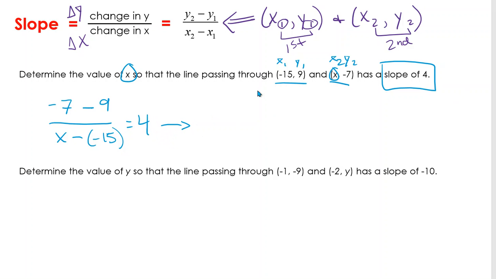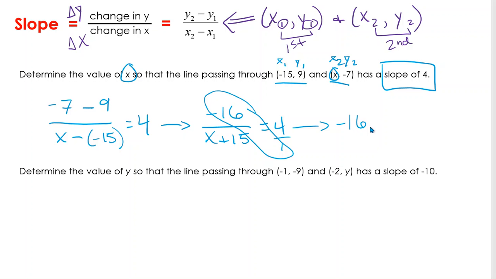So the first thing I'm going to do is simplify my left side. -7 minus 9 is -16, x plus 15 on the denominator, and that's all equal to 4. Well, this is the same thing as 4 over 1, and now we have a proportion, so we can cross multiply. -16 times 1 is just -16, and that's equal to 4 times x plus 15.